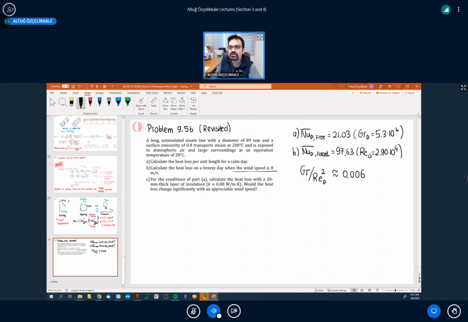It is much smaller than 1, meaning that in the presence of forced convection, the influence of free convection is going to be somewhat small, but we still would like to go through the action and make a calculation. So let's do this. Combined effect, assuming assisting flow.